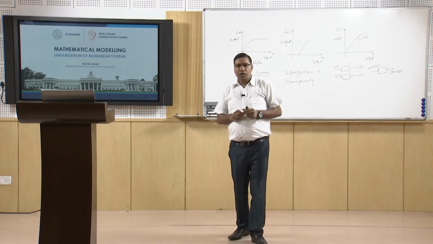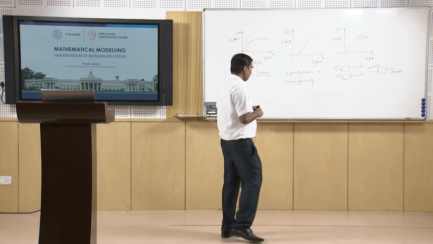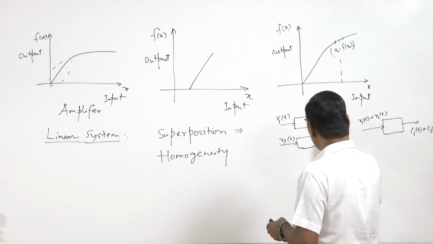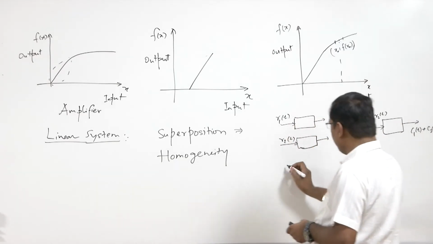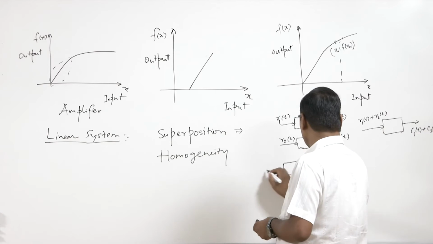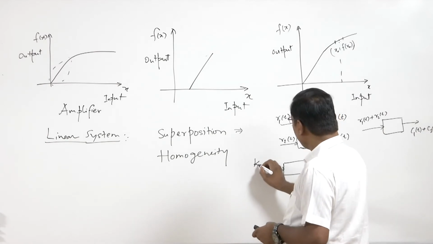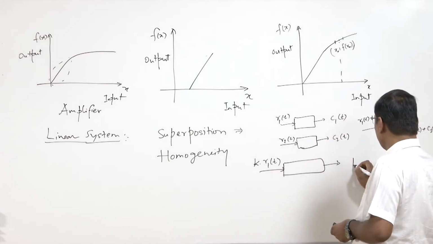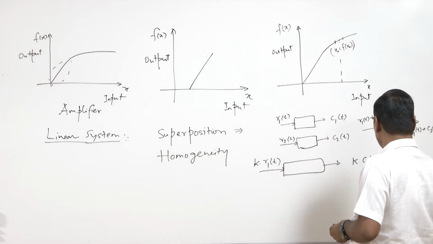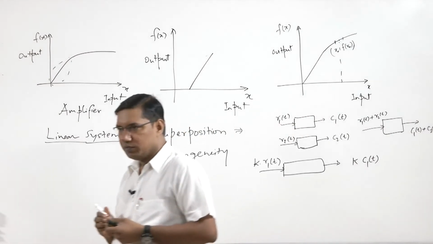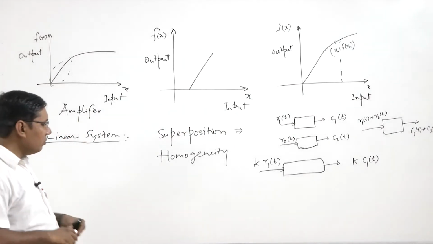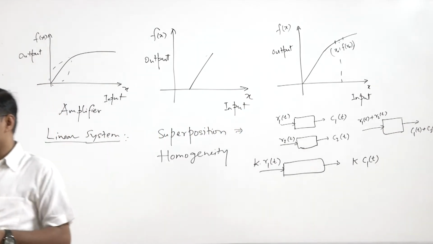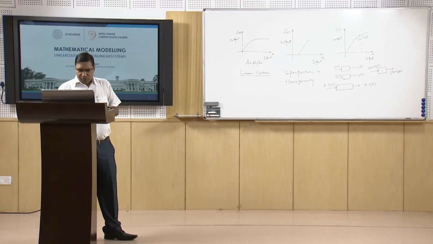Homogeneity is if we have this system with R1(t) giving C1(t) and I apply an input k times R1(t), I should get an output k times C1(t), where k is some scalar constant. So if we amplify the input, we should get the same amplification in the output. That is homogeneity.